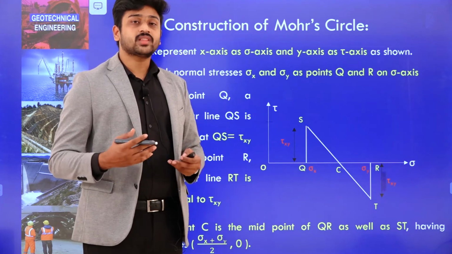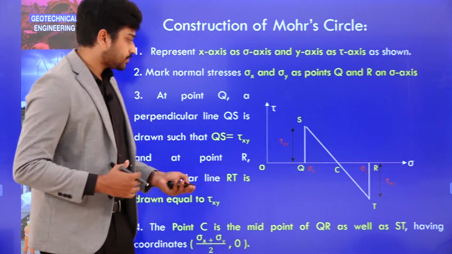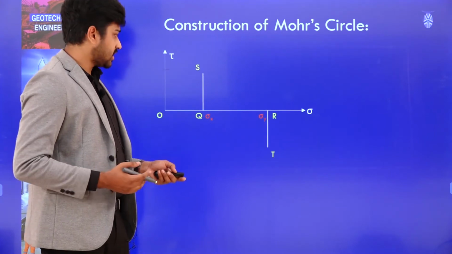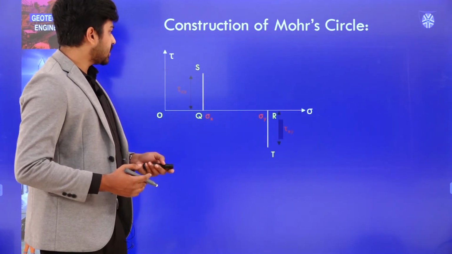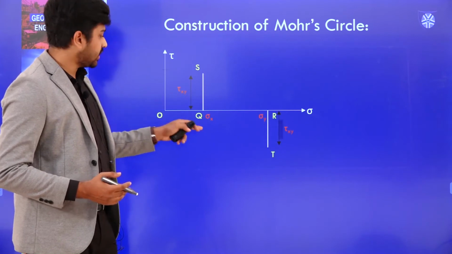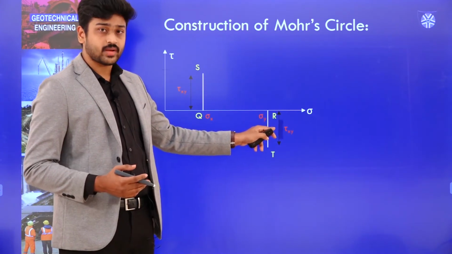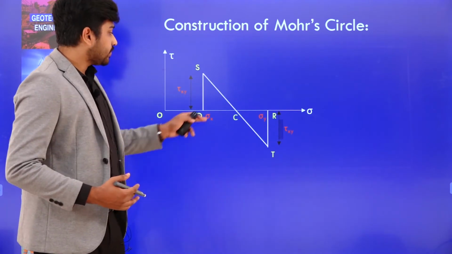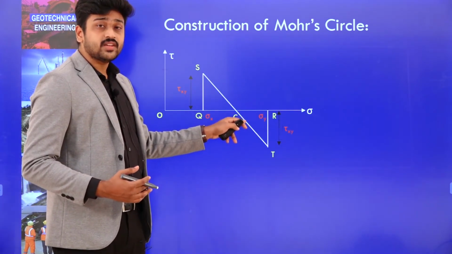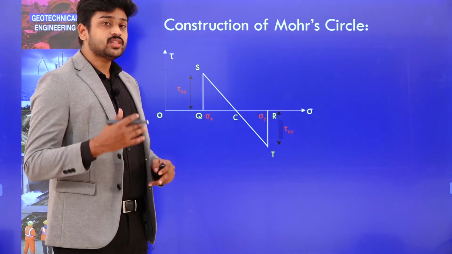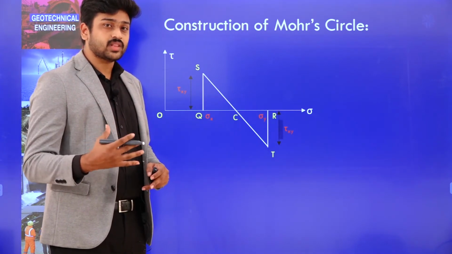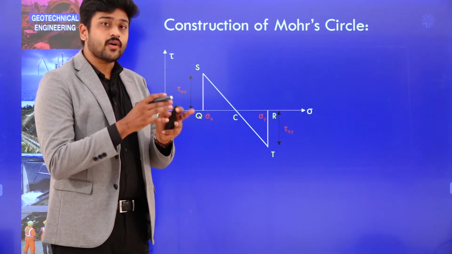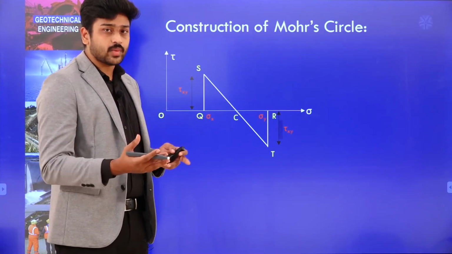There are two methods for doing it. Let me draw the diagram once again for our understanding. In this diagram, this is tau xy, this is sigma x, this is sigma y. Now, using this point C, we need to draw the Mohr circle. You can do it by the analytical approach: calculate the radius of the circle using the formula I mentioned earlier.